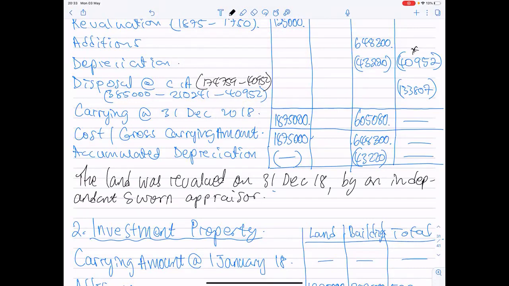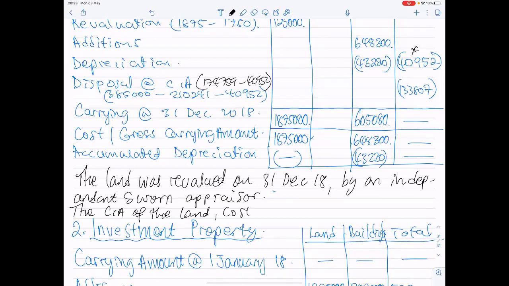Are we together? Then you state that the carrying amount of the land, if it was carried under the cost model.